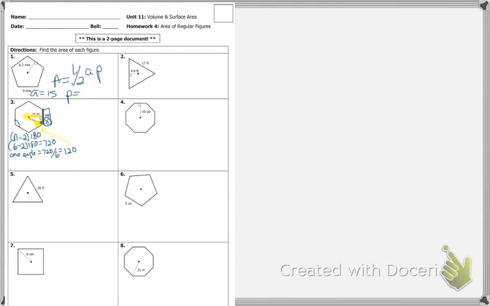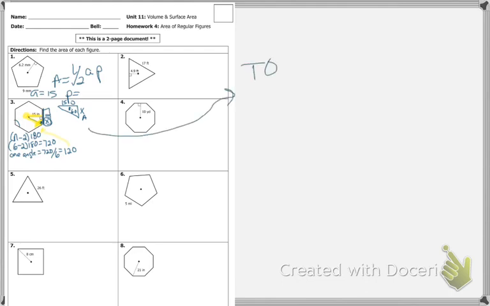So if I'm going to do this triangle, I'm going to take it out. This is 60. This side length is 15, and I need to know this piece. So I'm going to use SOHCAHTOA. This 15 is opposite. This is adjacent. So we're using tangent. Okay. Let's move it over here to the blank side.